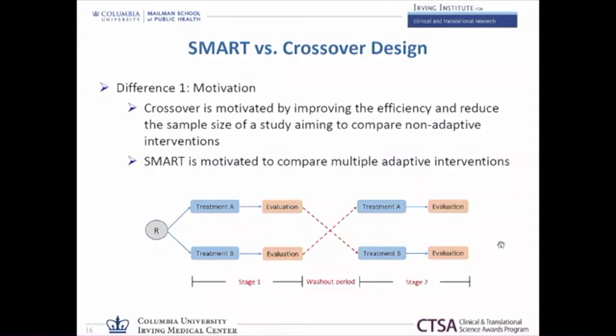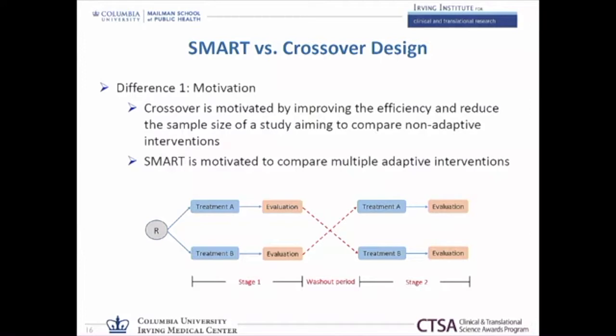For example, in this case, although different patients receive treatment sequence A to B or B to A, this design just takes two measures from each patient, and the goal is to reduce the total sample size, but still with the primary hypothesis of comparing treatment A and B.